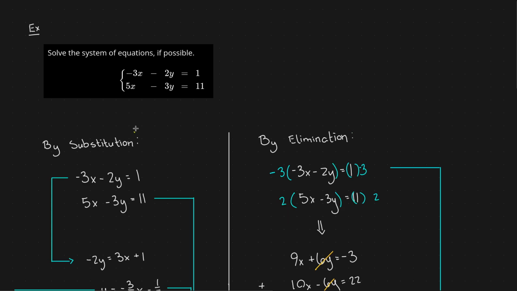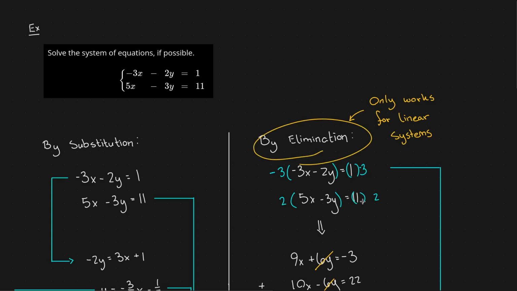So why did I even show you the method of substitution if it's longer and harder? Solving systems by elimination only works for linear systems of equations. If you have a nonlinear system of equations, then this method won't work. Instead, you would have to use this method.